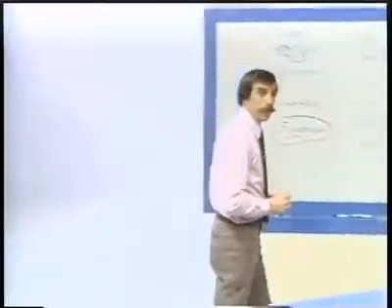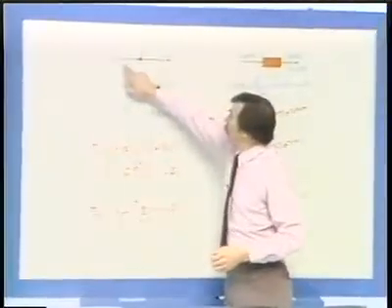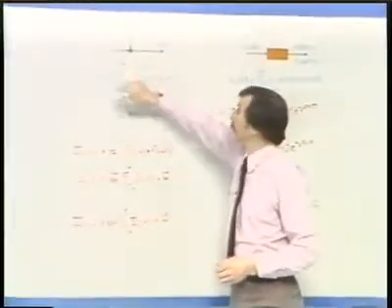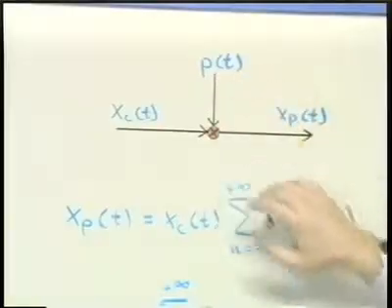So let's go through that. And in particular, what we have is a process where the continuous time signal is, of course, modulated or multiplied by an impulse train.